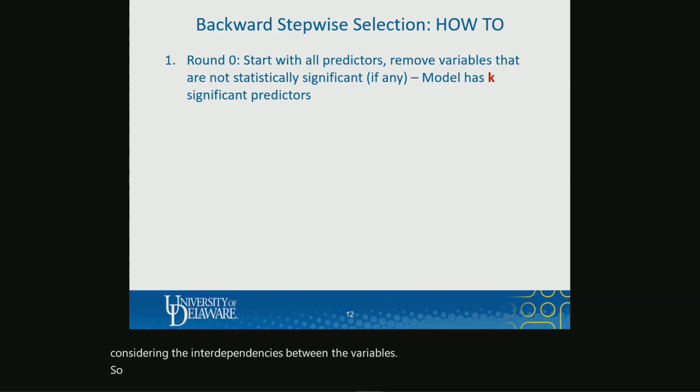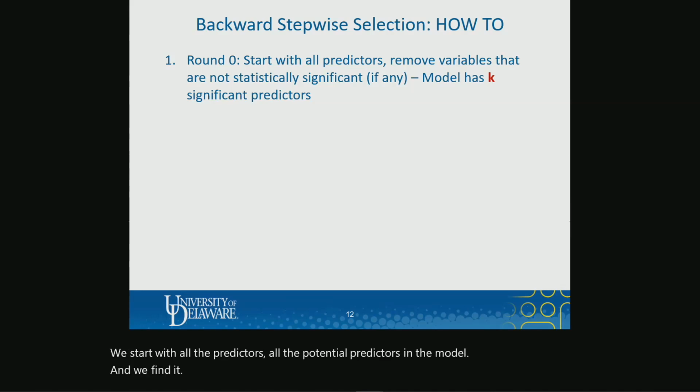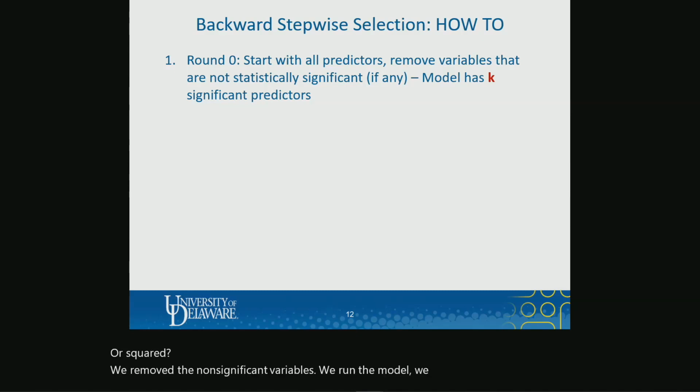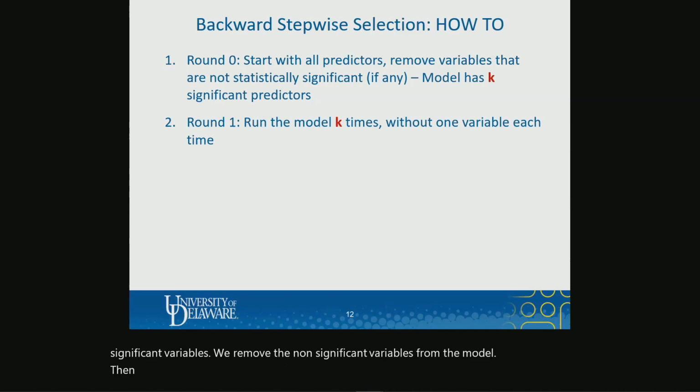So let me show you the algorithm that we use to perform backward stepwise selection. First, we start with all the potential predictors in the model, and we find the R squared. We run the model, find the significant and non-significant variables, and remove the non-significant variables from the model. Then we remove one variable at a time.